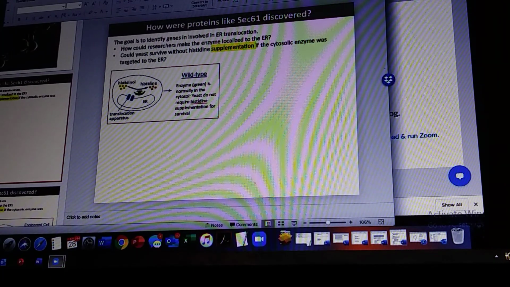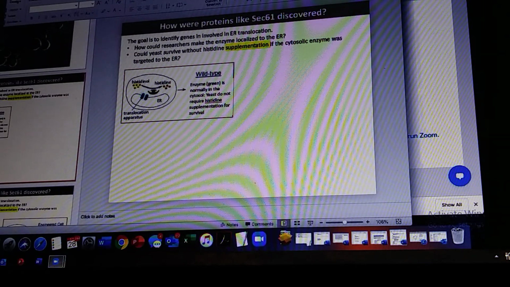So the big picture question is, people wanted to identify proteins that were involved in the secretory pathway. And one of the first experiments that was done to identify these proteins was essentially this one that I'm going to describe to you. They knew that the beginning of the secretory pathway lay in getting proteins into the ER, right?